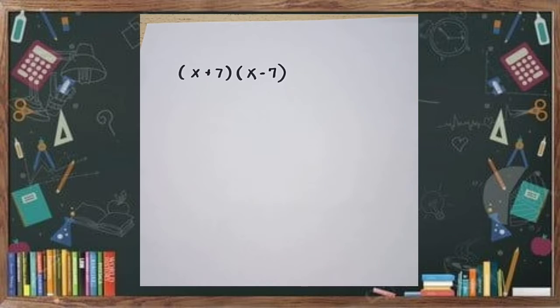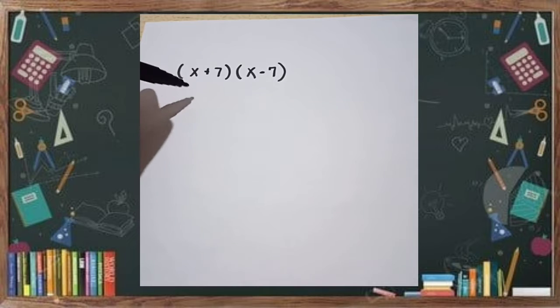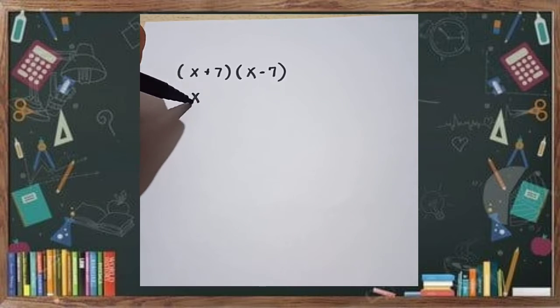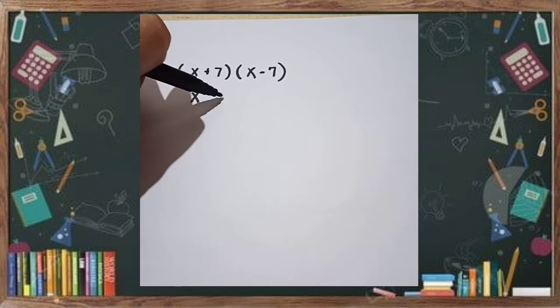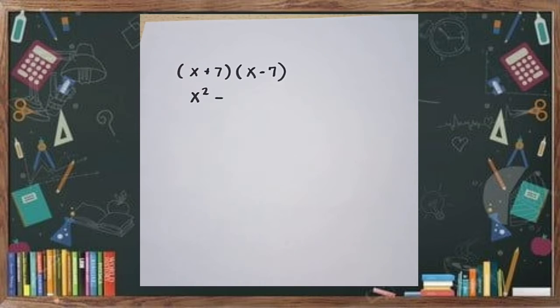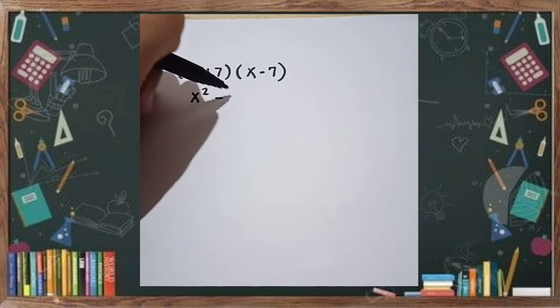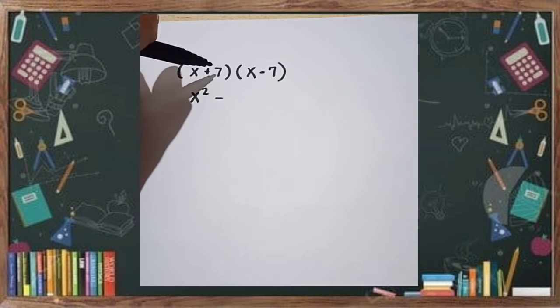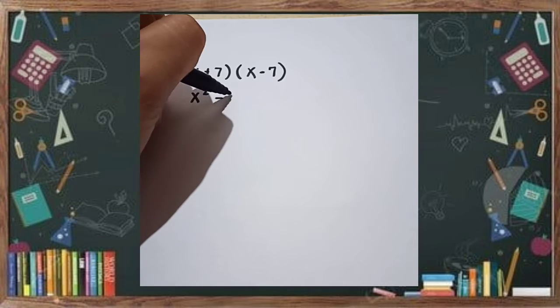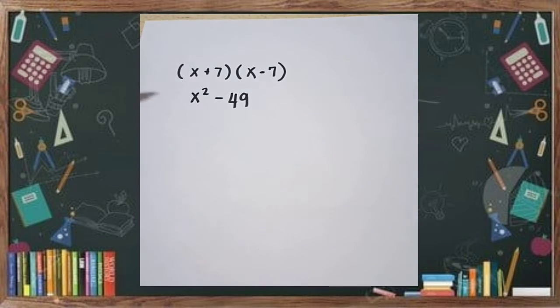Okay, so this is an example of the sum and difference of two squares. Kung saan makukuha natin yung product once na in-square natin yung unang term, then minus natin yung square nung pangalawang term. So, square of 7 is equal to 49.